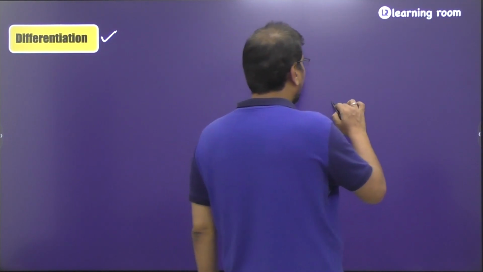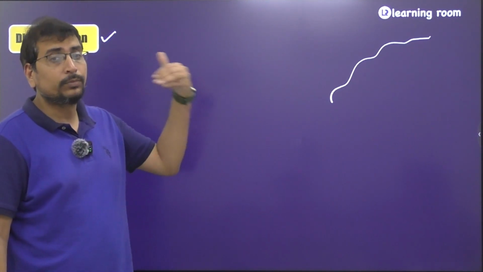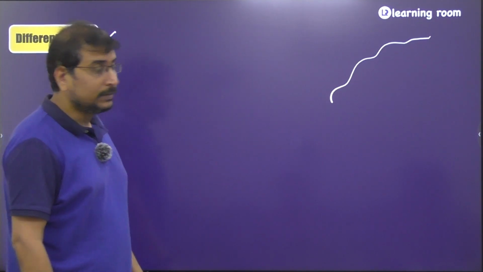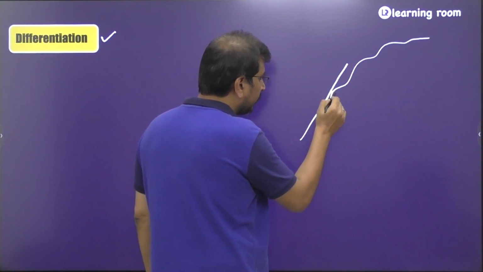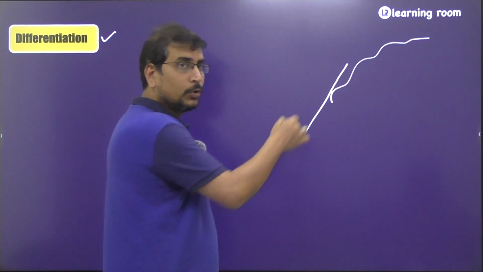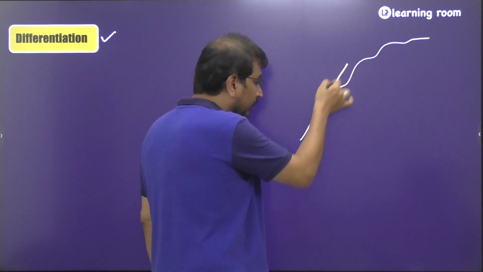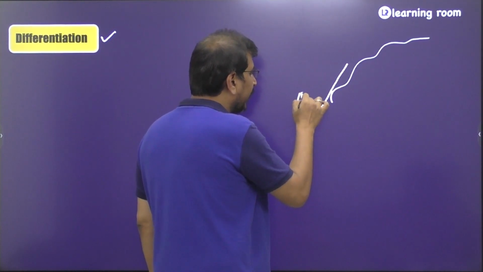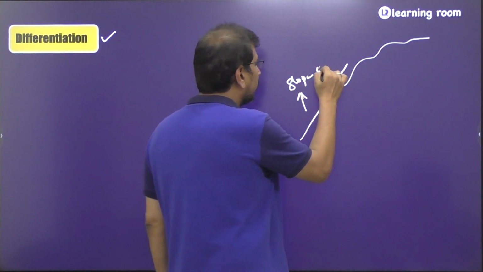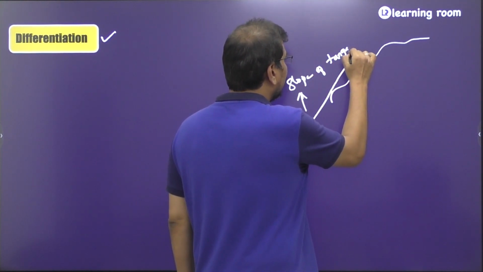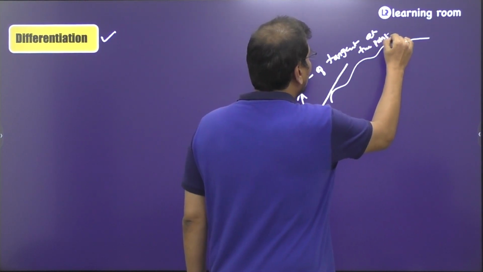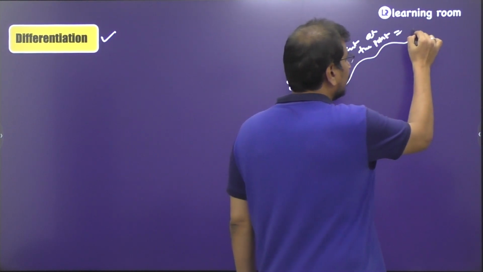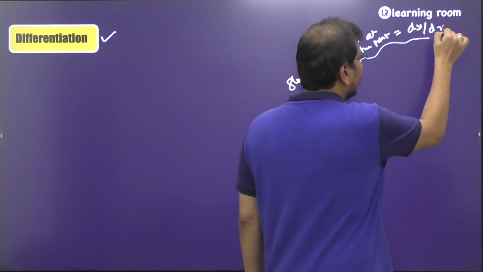But if you have a curve like this, if somebody asks you to define the slope of it, then you need to draw a tangent at that point. You draw a tangent at that point, right? The slope of the tangent at that point, I'll come to this. Slope of the tangent at the point is what is called dy by dx.